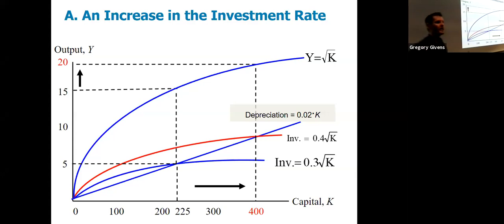So what we already can tell here is that if we permanently raise our investment share to 0.4 from 0.3, that is going to set in motion a period of rising capital, right? And as the capital stock goes up, output is also going to increase along this fixed production function. So we see here that at least in the short run, higher investment and saving will allow the economy to grow more quickly, at least temporarily, okay?